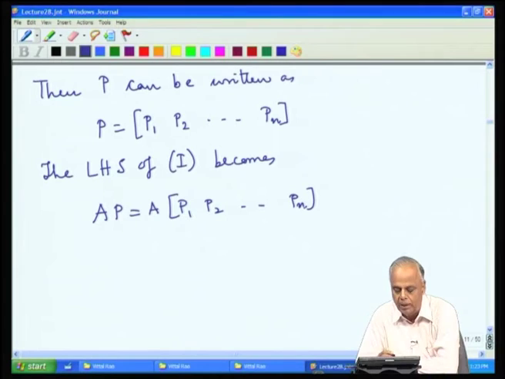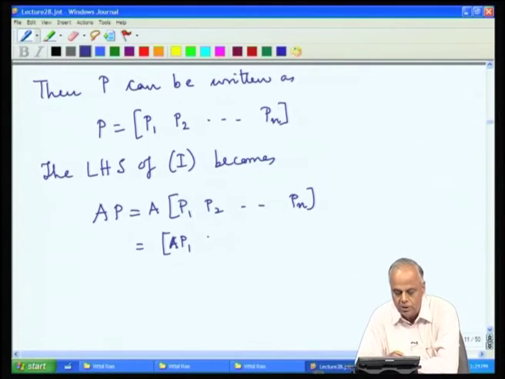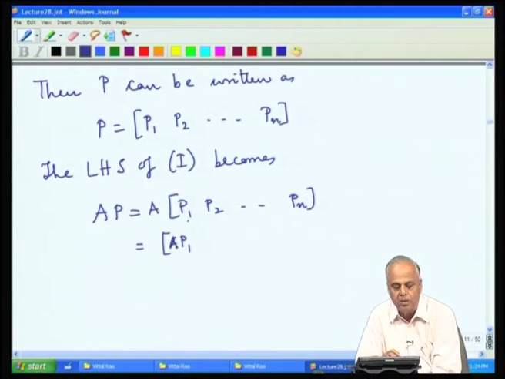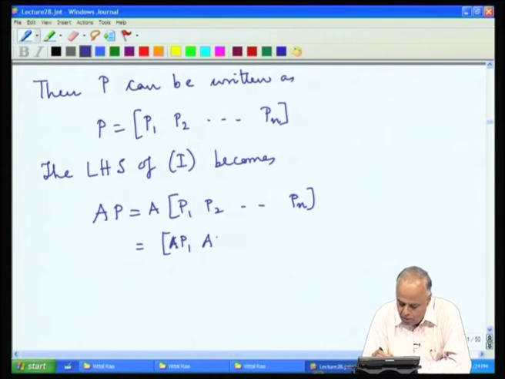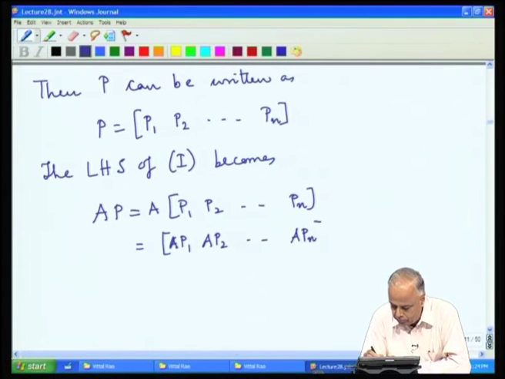When you multiply the matrix, it just becomes A P 1 as the first column, obtained by multiplying the matrix A by the first column of P. Then the second column is obtained by multiplying the matrix by the second column of P, and so on up to A P n.